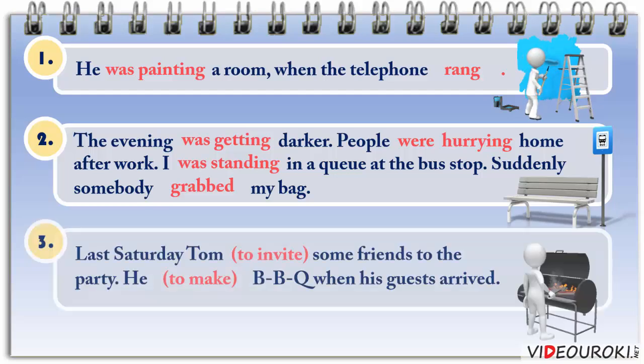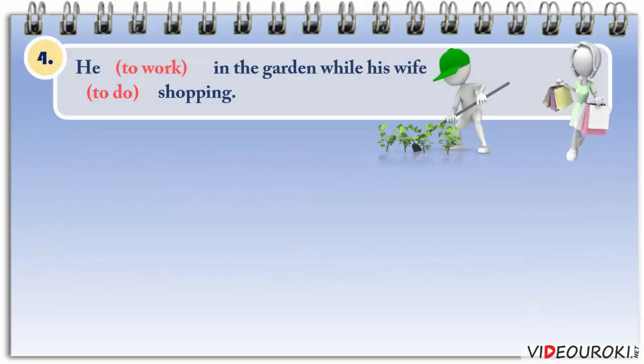Number 3. Now check yourselves. Last Saturday, Tom invited some friends to the party. He was making barbecue when his guests arrived. Number 4. Now check yourselves. He was working in the garden while his wife was doing shopping.